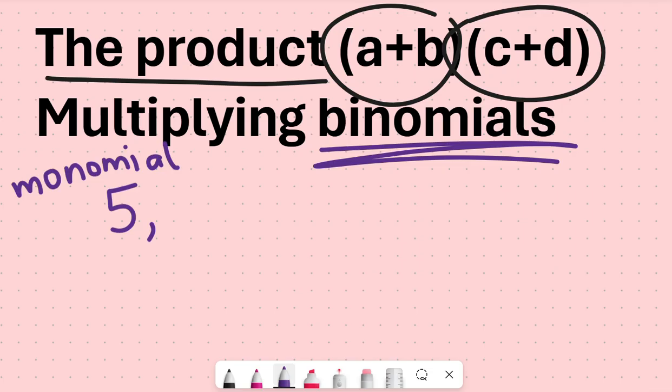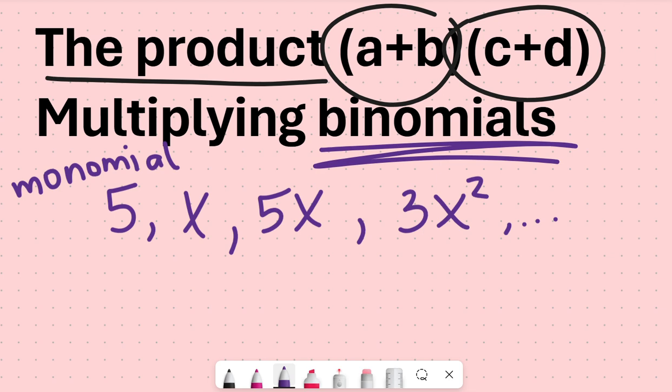If we have the number 5, or x, or 5x, or 3x squared, and so on, all of these are basically monomials. Monomials mean one term only.